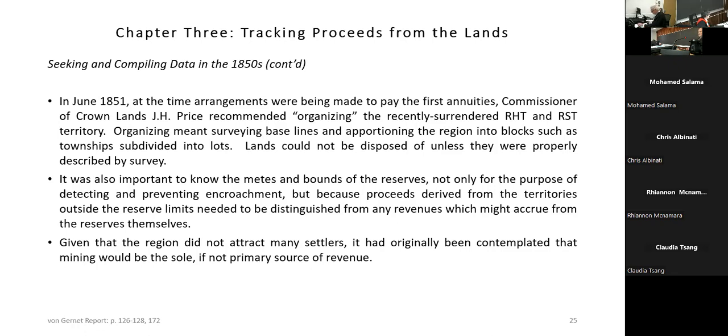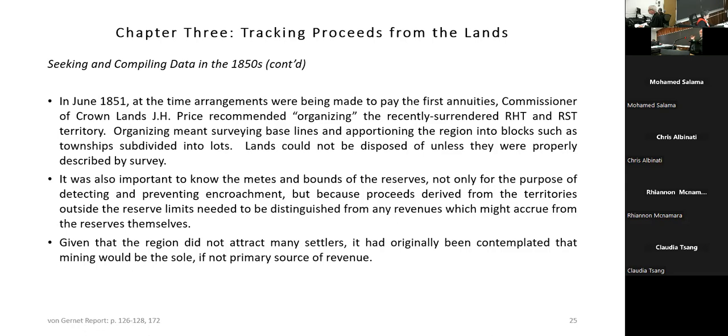Right. And so the Crown Lands Department proposed that the lands would be organized. And by organized, they meant in those days, you survey baselines, which are just straight lines through the forest. And then off of those lines, you do perpendicular lines and then start creating blocks.